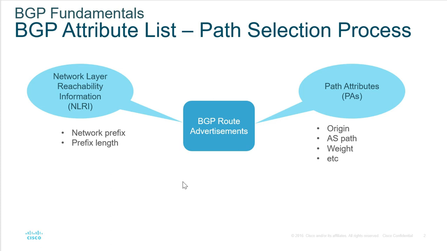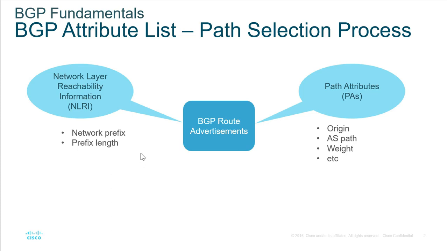So dalam NLRI terkandung information mengenai all the networks that are available to that particular router ataupun BGP peer. So dalam ni dia ada dia punya network address ataupun kita panggil network prefix bersama dengan subnet mask ataupun prefix length. Okay, so senarai network prefix dan prefix length ini adalah senarai network that are reachable daripada diri dia.